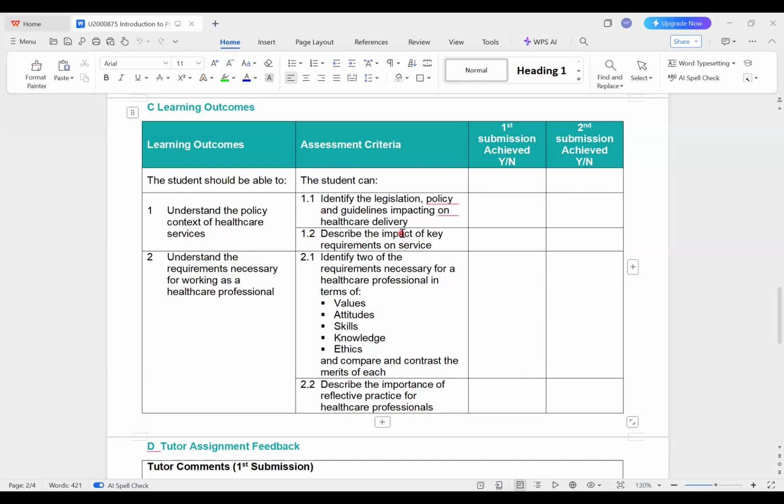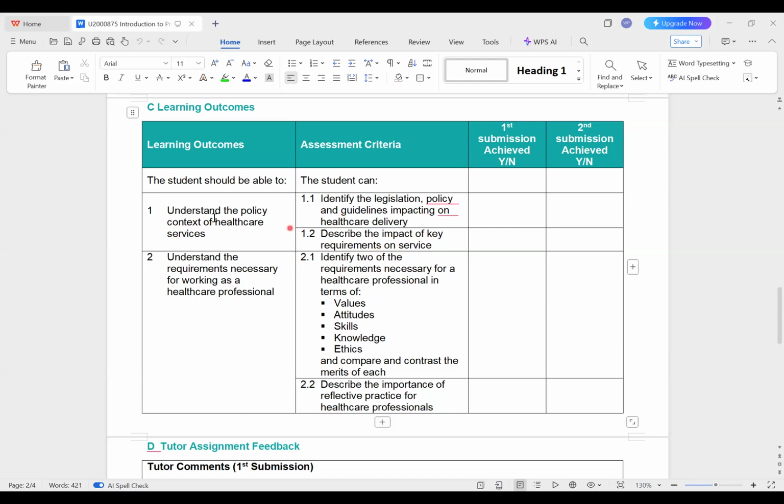So here we would want to identify the legislation, policy, and guidelines that impact on healthcare delivery. There are some policies, legislations and guidelines that make healthcare delivery work. What are those? We'll talk a bit about them.